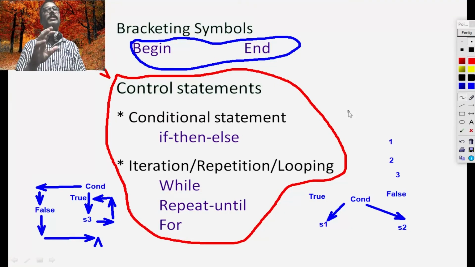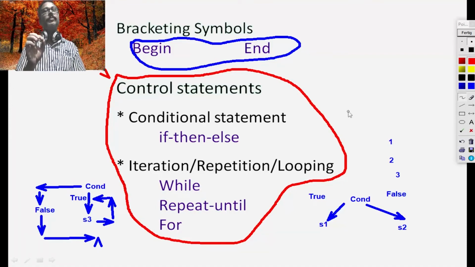They may be implemented in different ways, but in almost all programming languages you find if then else type statements, while statements, for statements, and also repeat until, which in C language is called do while. All of these are supported in almost all programming languages, with maybe some minor variations.